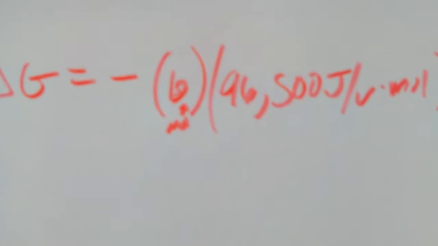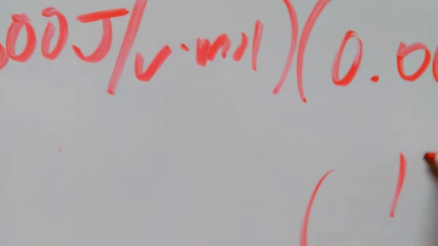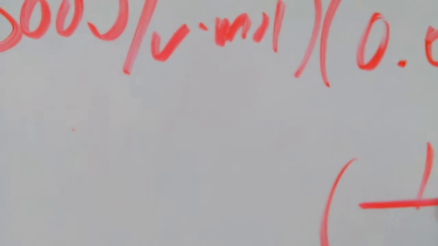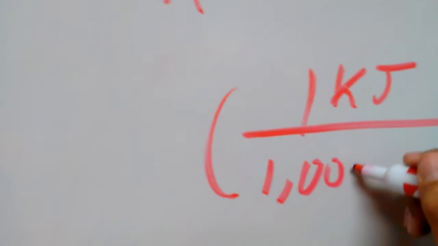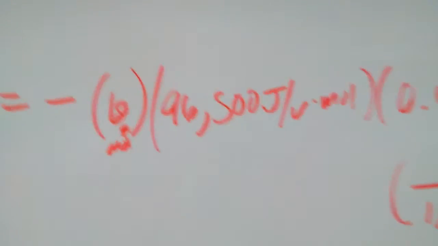And don't forget, when you have this equation, that you're going to want to convert from joules to kilojoules, and you can do that simply by putting 1 kilojoule over 1,000 joules, and that's going to be your equation.